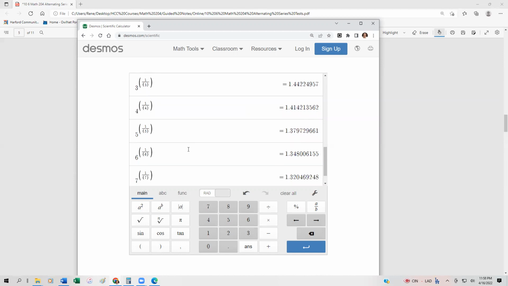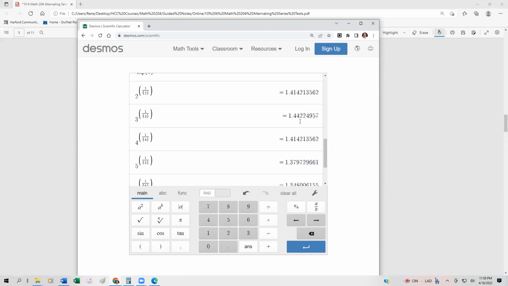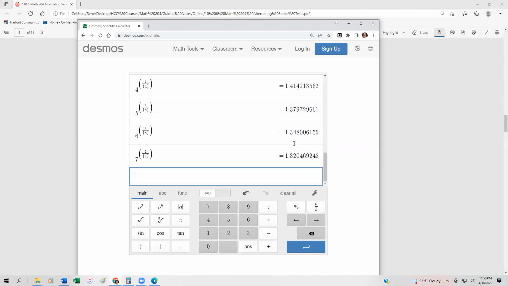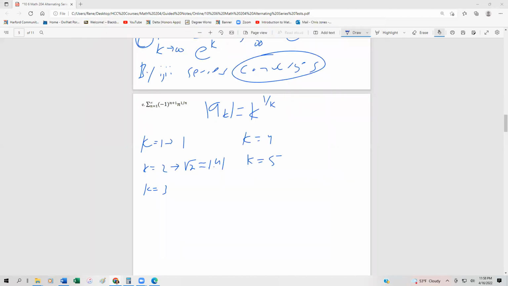Okay, so other than this one little blip right here, where we go up by 0.03, the rest of it looks like it's going to be decreasing. So k equals 3, that's going to be 1.44, and this was 1.41 again.